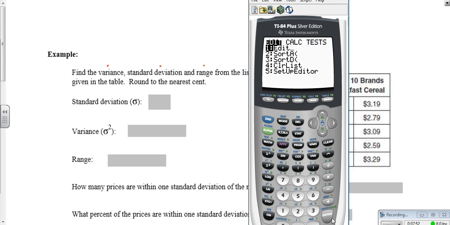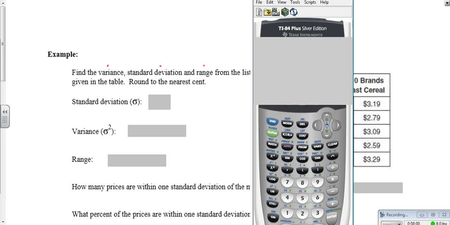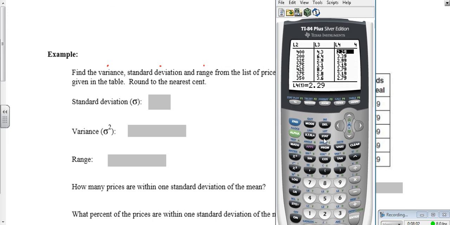If I go stat, edit, if I arrow over to list 4, that's the list of information that they gave us. There's 10 prices. So I'm going to go stat, calculate, one variable statistics, and I want list 4, so second function L4.